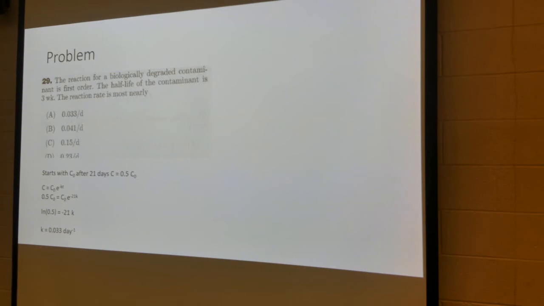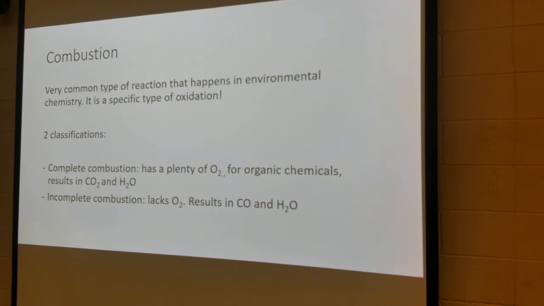So the final example for problems that weren't covered before are problems with combustion. Combustion is a type of chemical oxidation with a higher concentration of oxygen. We can have two types of combustion, complete or incomplete. Usually we see complete combustion in the majority of problems, because incomplete combustion is really hard to forecast. For complete combustion, we have so much oxygen available that everything is transformed into CO2 and water.